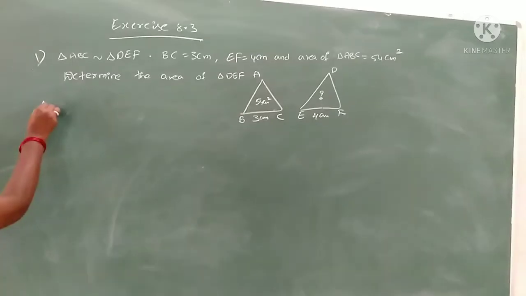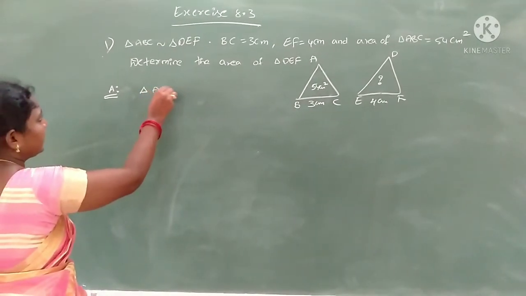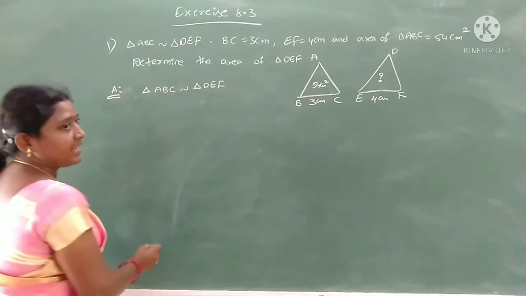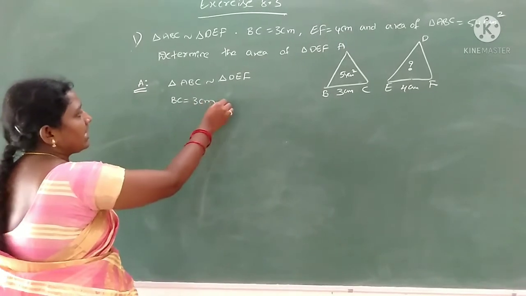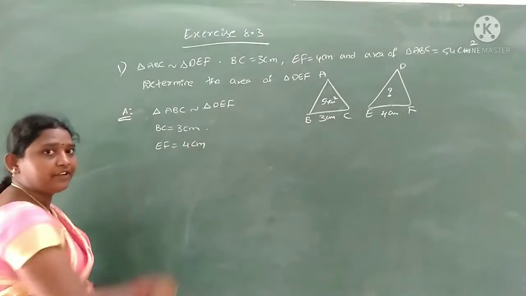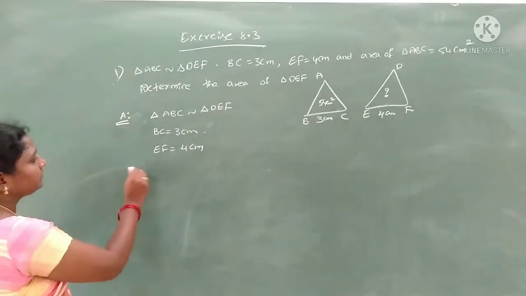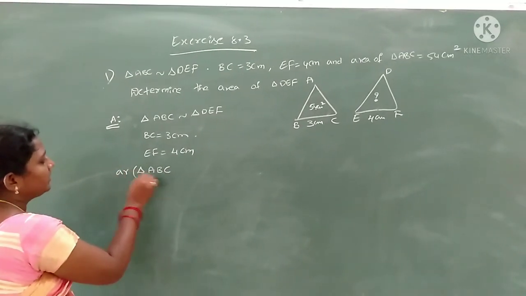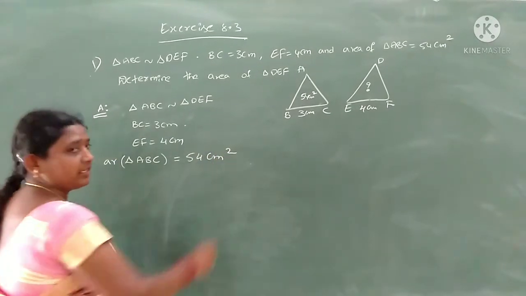So first write the given values. Triangle ABC is similar to triangle DEF. Next, BC is equal to 3 cm and EF equal to 4 cm. We know that the area of triangle ABC equals 54 cm square.